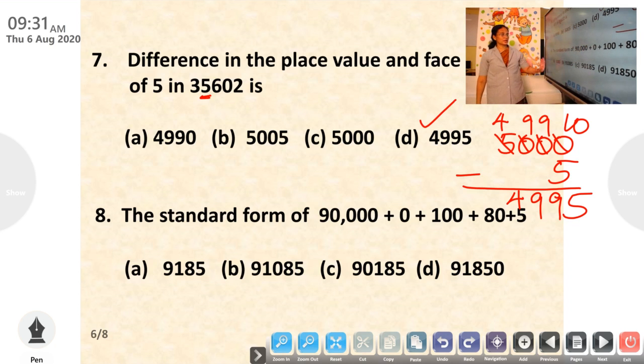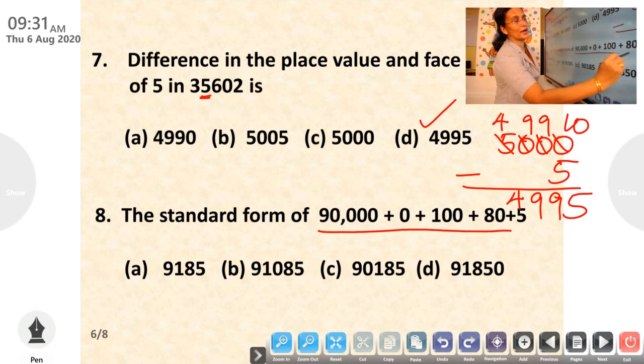Okay. The next one, the standard form of 90,000 plus 0 plus 100 plus 80 plus 5. See, this given one is the expanded form. You have to write the standard form or the short form. Okay. 90,000. So, 9 should come in the 10,000's place. There is no digit in the thousands place, 0 there. Then 100's place it is 1. Then 10's place it is 8.